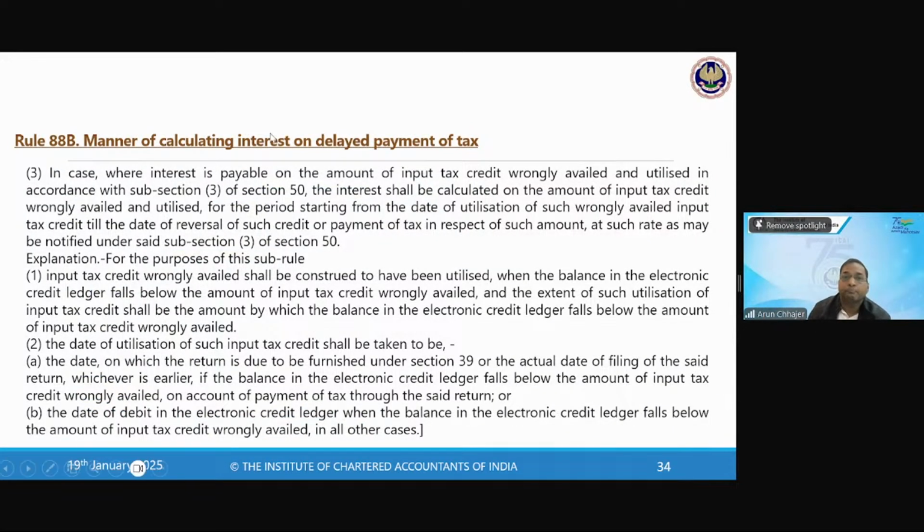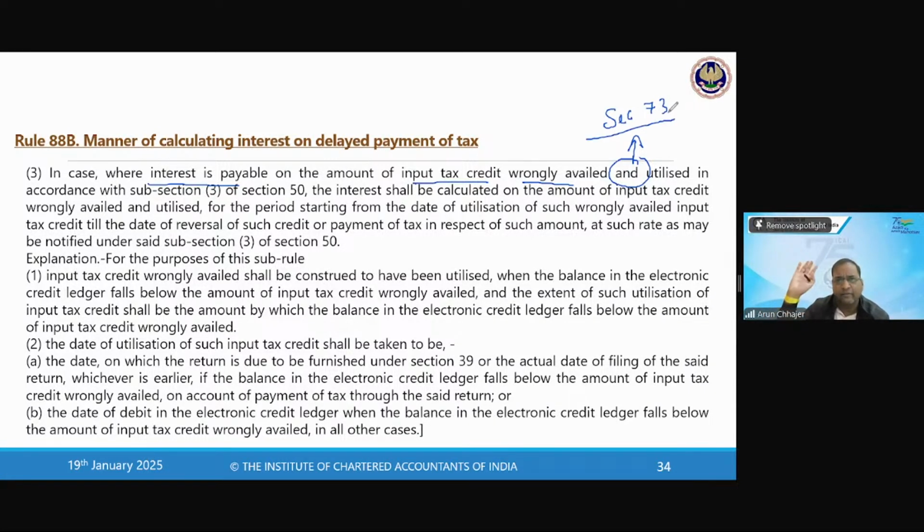ITC. What they are saying is, where interest is payable on the amount of ITC wrongly availed and utilized. They always say that please compare in section 73, 74.